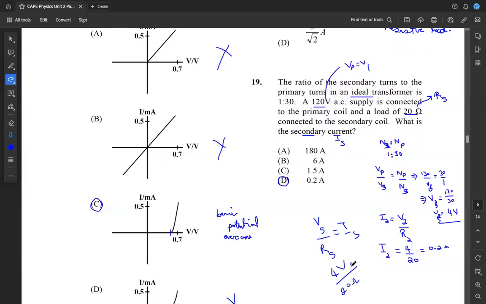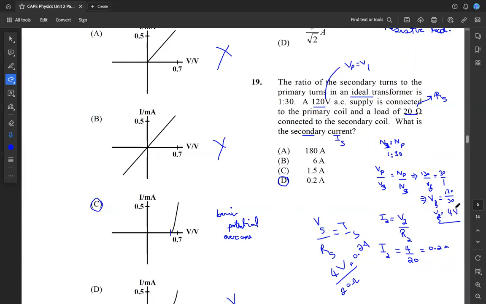We're going to come out with 0.2 amperes. So that's our answer, D. Again, they gave us ratios, so we wrote down our ratios, and we know these relationships. All we have to do is transpose for the voltage in our secondary coil, and that's what we did.